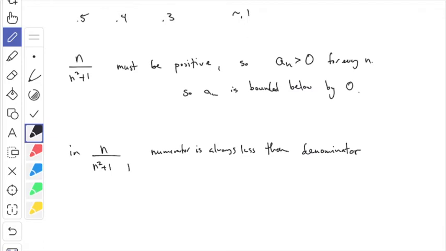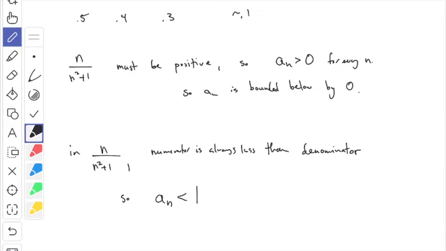Yeah, it means this fraction is always less than 1, right? The numerator is always less than the denominator in this fraction, which means that this fraction is less than 1. So a_n is less than 1, which means it is bounded above by 1. So this is an example where you have to do a little digging and a little thinking.